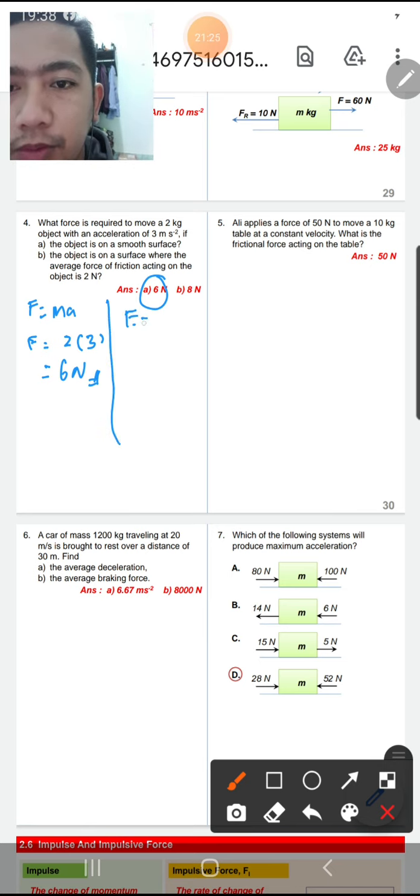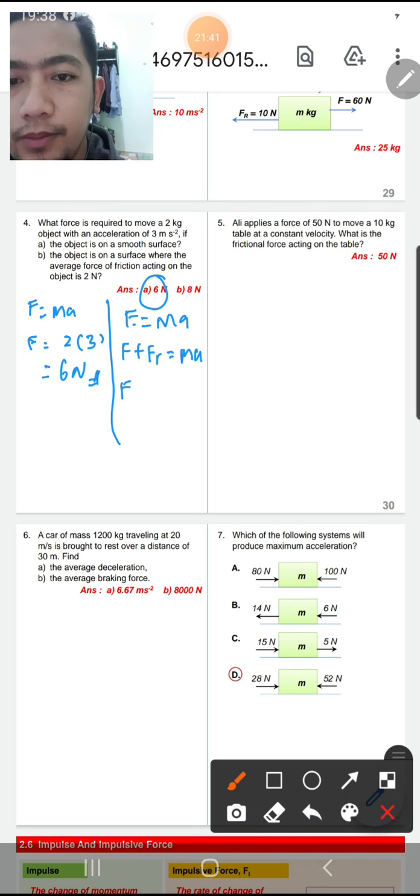F equal to ma. So F here there is a friction force, right? That means F plus Fr equal to ma. F plus the friction force, which is negative 2, equals ma, which is 6, right?